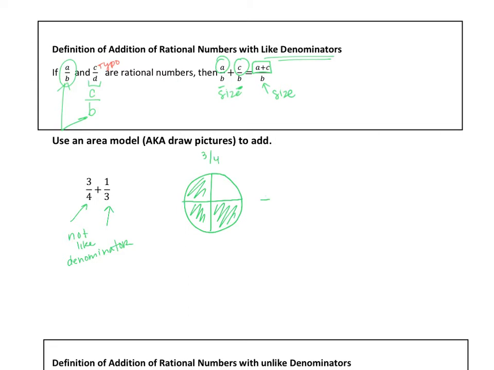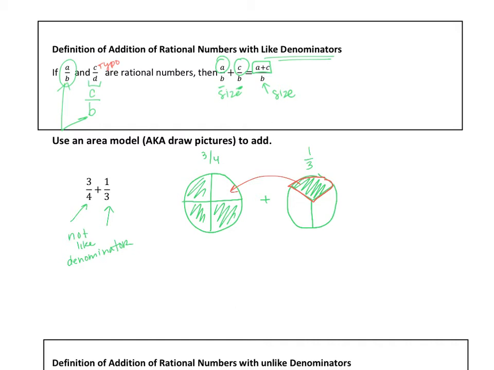And we want to add to that, make the same size whole or as close as I can, but this time it has thirds, so we have 1/3. So just looking at it, I can tell that I am going to be a little bit bigger than 1, because I can see that if I were to try and take that 1/3 and fill it in, it's going to be a little bit bigger than that space.